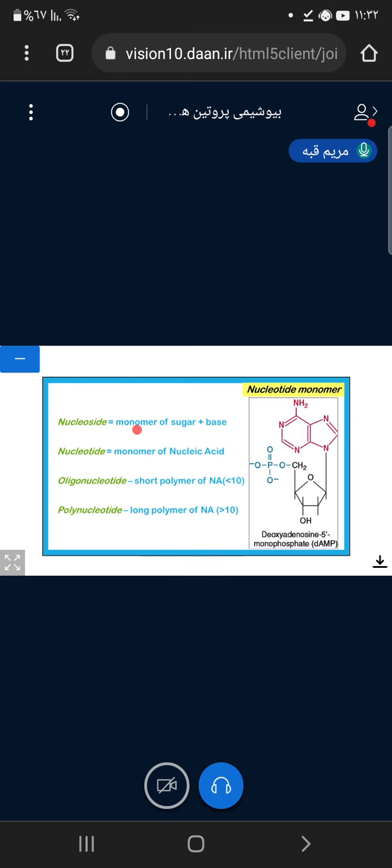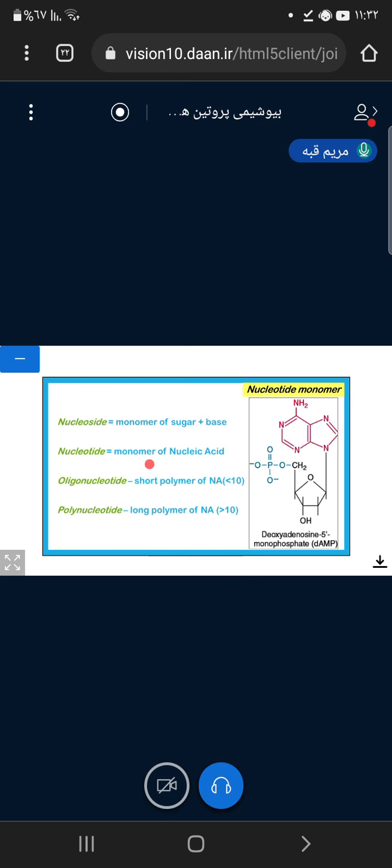نوکلئوزید مونومری هست که از قند و باز درست شده. Nucleoside is a monomer composed of sugar and base. But when the phosphate is added to nucleoside, a nucleotide monomer is formed.